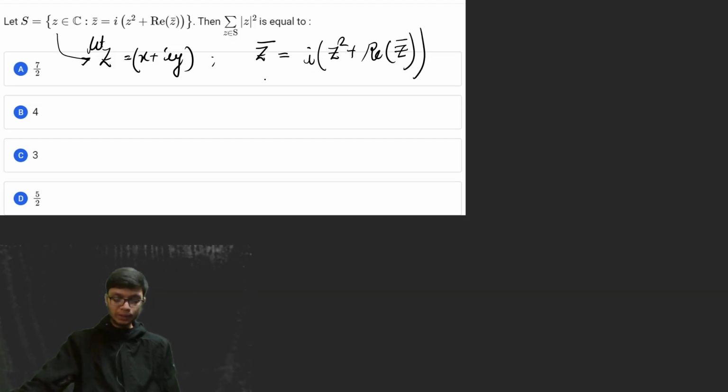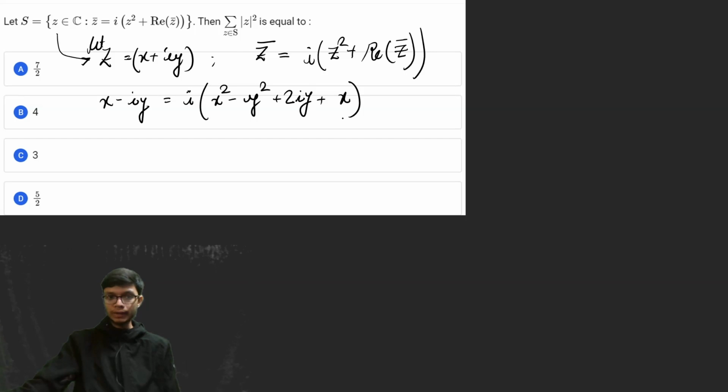So if you look at this expression, you can write z bar is basically x minus iota y, equal to iota times, now z square will basically be equal to x square minus y square plus 2 times iota xy, plus the real part of z bar, which is again equal to x. So that's the entire thing, and from here you can compare the real and the imaginary part.